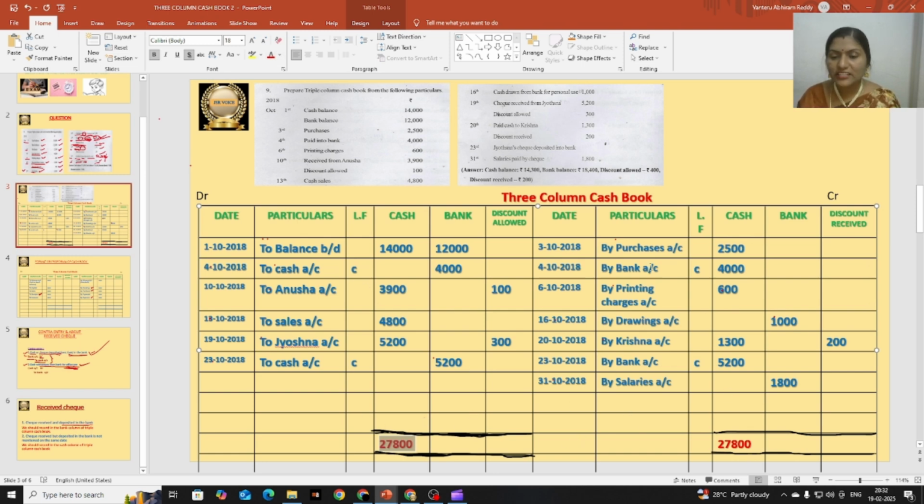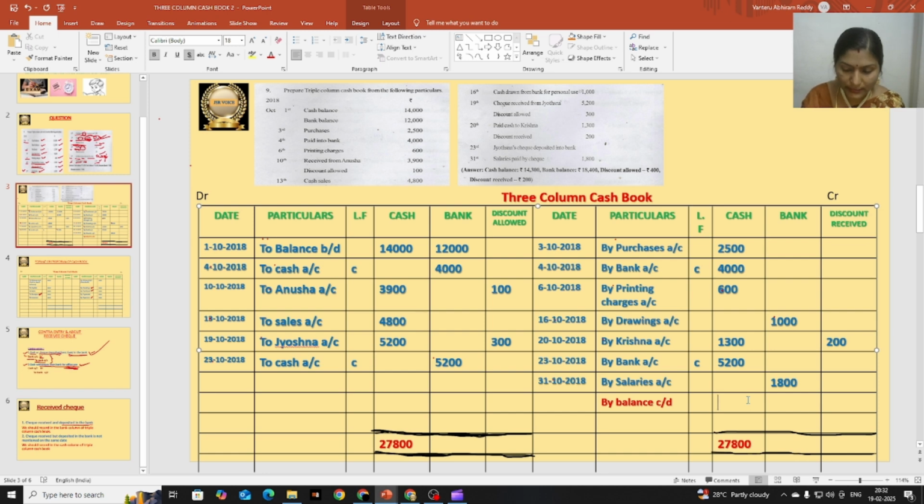Okay, now which side amount is less? Credit side. Go to the credit side. What will we do? We will record on the credit side, by balance carried down. So we will put the remaining balance amount.